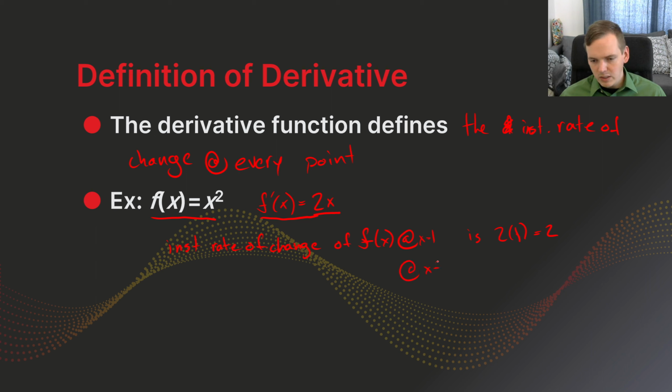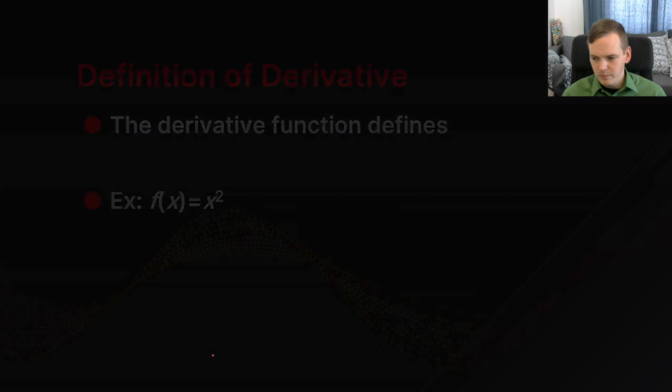At x equals 2, it's 2 times 2, which is going to be 4. At x equals 10, it's 2 times 10, which equals 20. And this kind of makes sense because if you imagine this, it's a parabola, and so we expect as x gets bigger and bigger, the instantaneous rate of change gets steeper and steeper. The y values are changing much faster as x gets bigger and bigger.